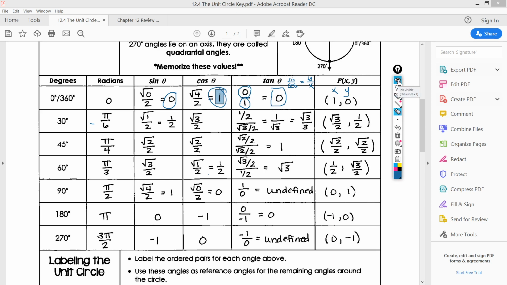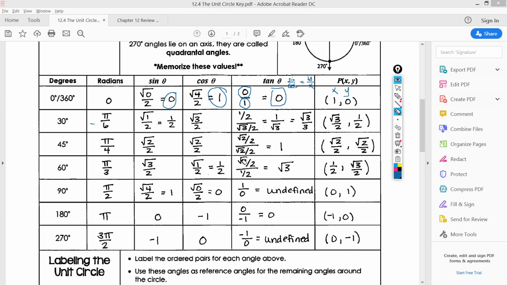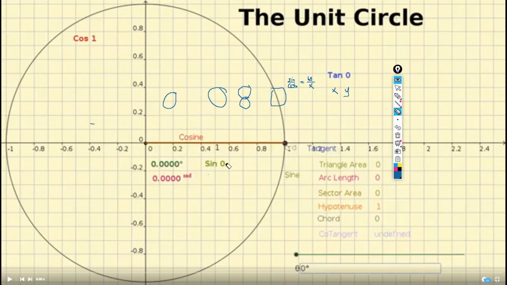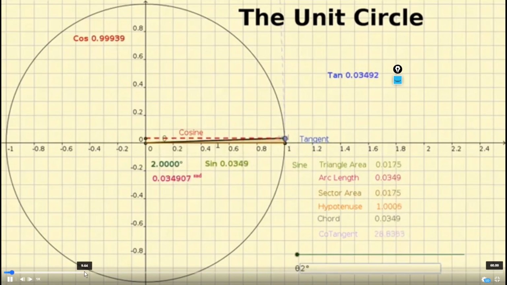Let's start talking about the 30 degree angle. So first, what I want you to think about is, don't do this. Let's see if I can get this to land on 30 degrees.